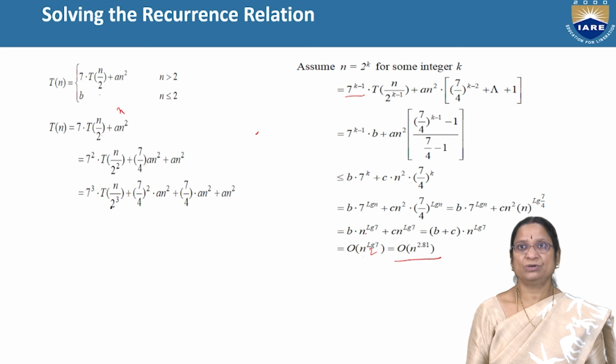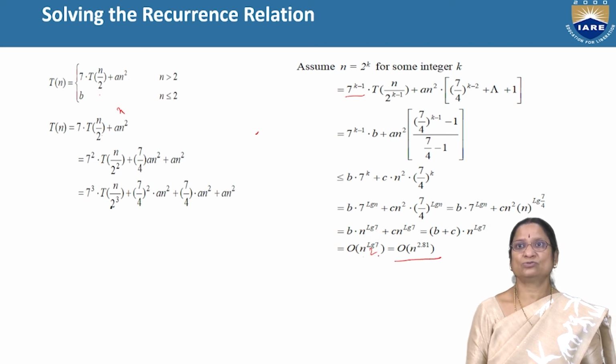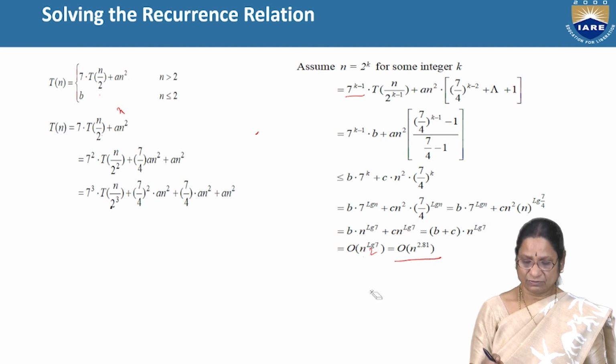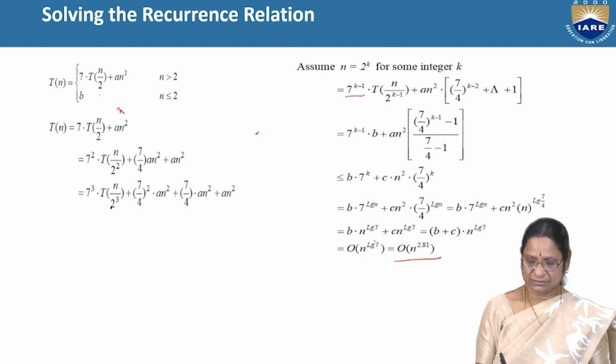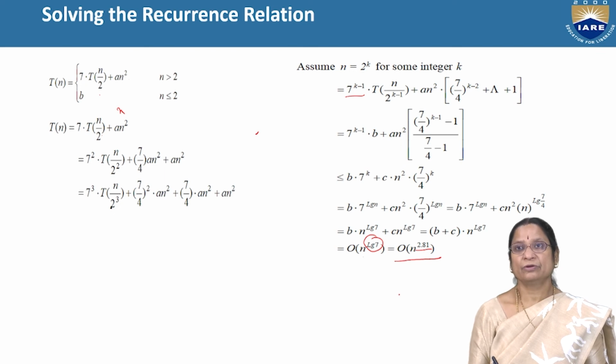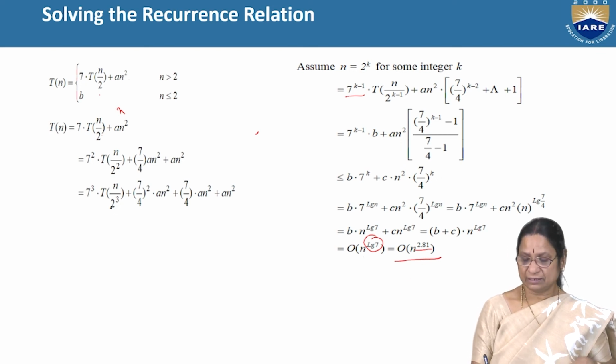By substituting that, we'll get n power log 7 to the base 2. And totally we will get complexity as n power 2.81. Log 7 to the base 2 is 2.81. So 2.81 means previously we got n cube, no? So a little bit of reduction is there in time complexity.